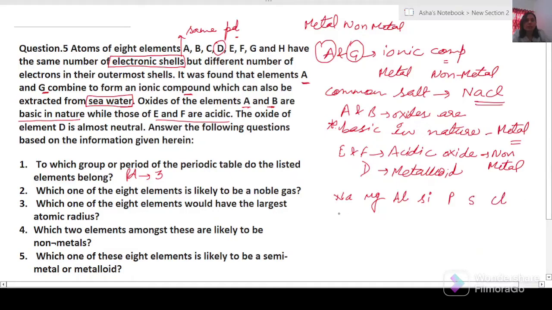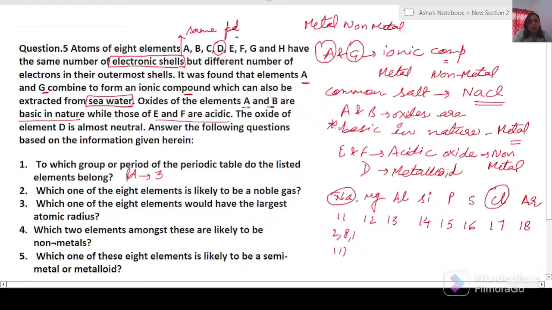It is 11, 12, 13, 14, 15, 16, 17, and then 18 is argon. So this is period 3, because NaCl will be formed from here only, Na and Cl. So this is period 3, 2, 8, 1. So 3 shells will be there.